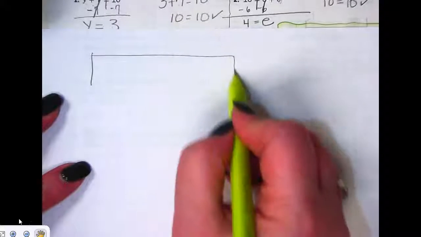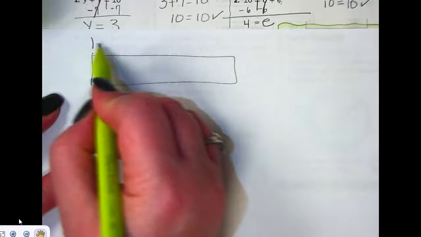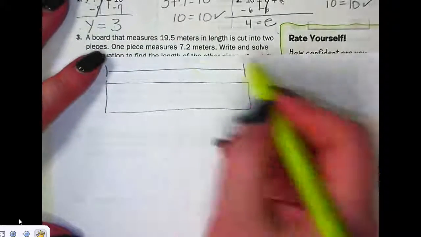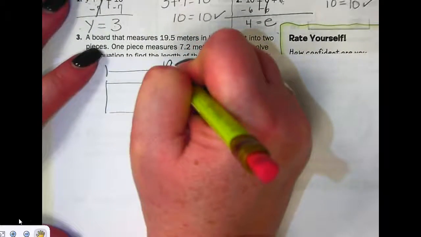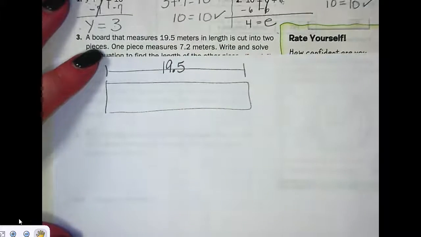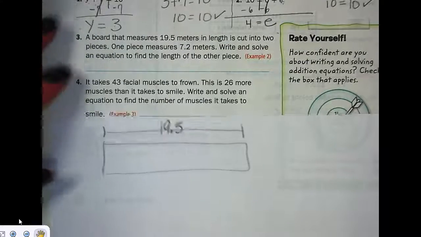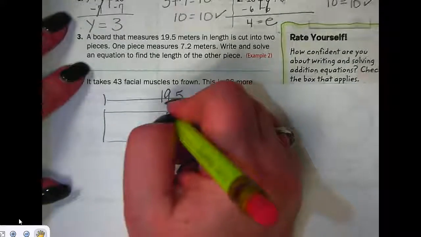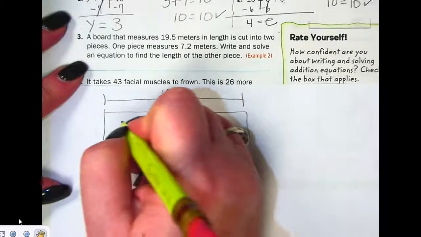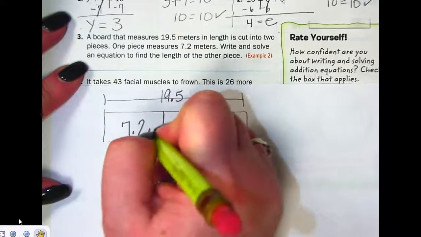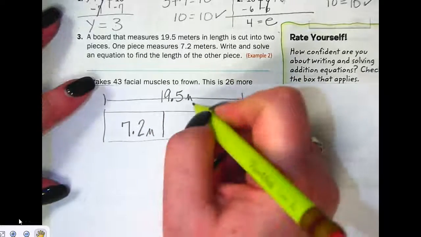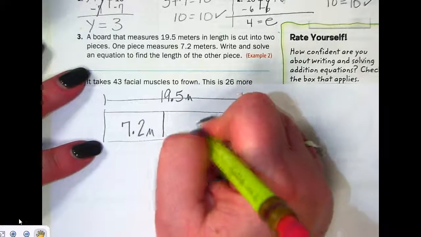So what this is telling me is there's a board. We did a problem like this yesterday. The whole board is 19 5/10 meters long. It says it's cut into 2 pieces. One piece is 7 2/10 meters. What is the length of this one?